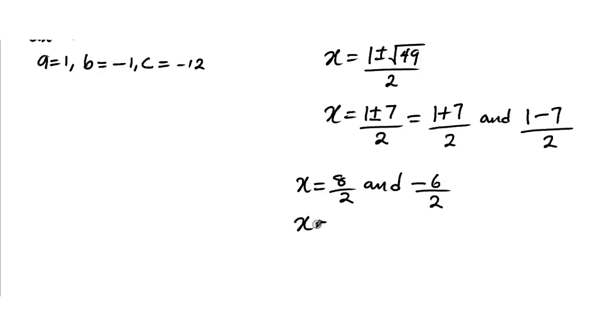So x is equal to 8 divided by 2, that is 4, and x is equal to minus 6 over 2, and that will give us minus 3. So definitely the quadratic equation has two distinct roots, because the discriminant is greater than 0. So that is why we have x is equal to 4 and x is equal to minus 3.